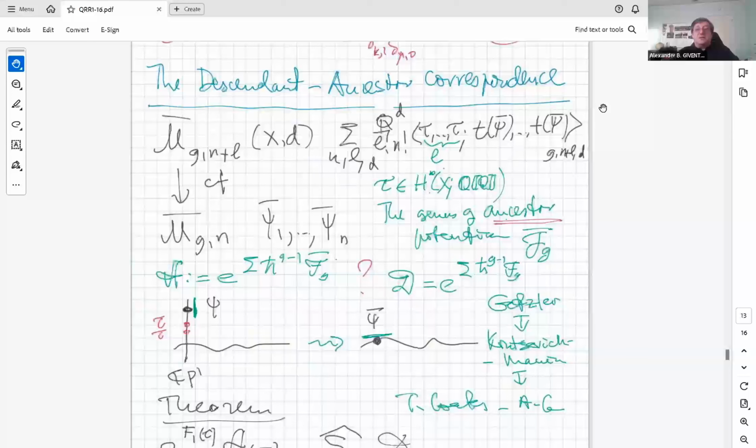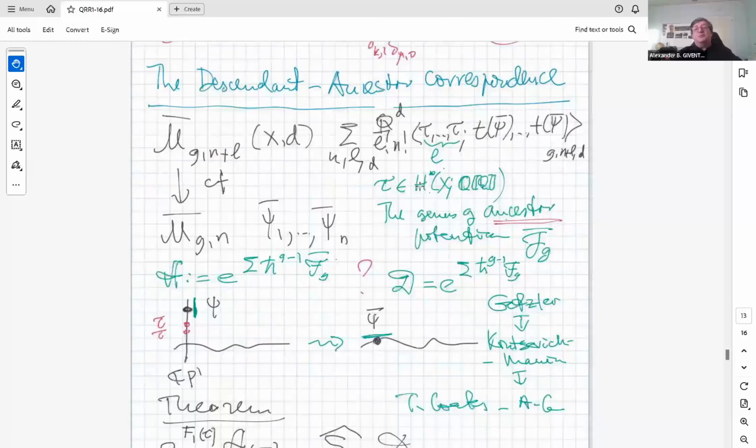I can incorporate them into the generating function of my intersection theory. Namely, that's the kind of generating function I consider. It's a sum as usual over the degrees and these numbers of n and L marked points. In the first L marked points, I put just the primary classes, no psi classes, no descendant classes, just pullbacks by evaluation maps of homology classes from the target.